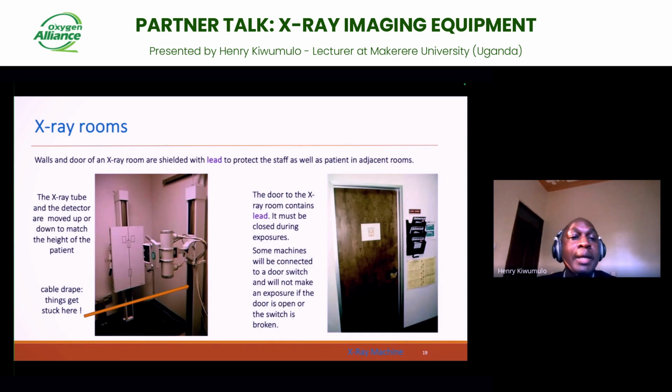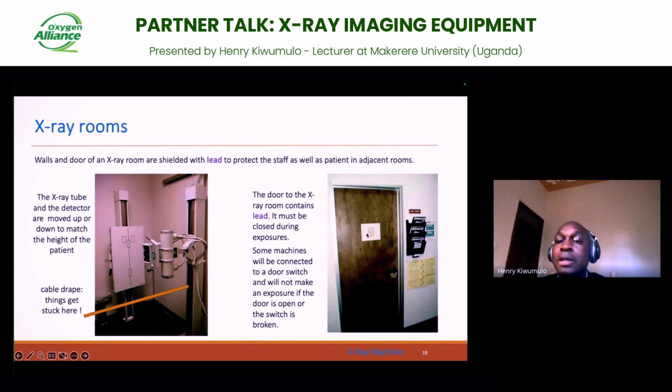Now, with X-ray rooms, one always has to be cautious, because the walls and doors of an X-ray room have to be shielded with lead to protect the staff as well as the patient. The lead is able to absorb the X-rays so that they don't go through. Another very important aspect is that as you move this tube, for example in this stand, some of the cables may drape, and things can get stuck. So one has to be very careful while moving these movable parts.